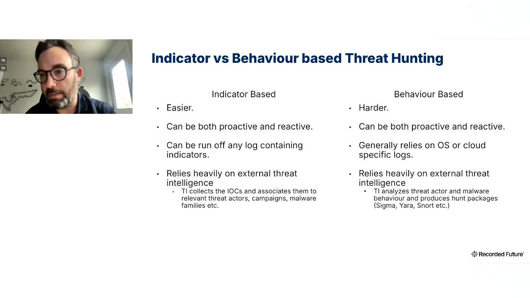It's much easier to look up an IP address or a hash or domain or URL, especially if you're a strong Splunk user that has very good telemetry coming from your organization's devices, right? So if you have proxy logs and EDR logs and firewall logs and Windows logs and all of these things, you could very easily search for indicators associated to threat actors and malware. Behavior-based threat hunting is quite a bit harder.